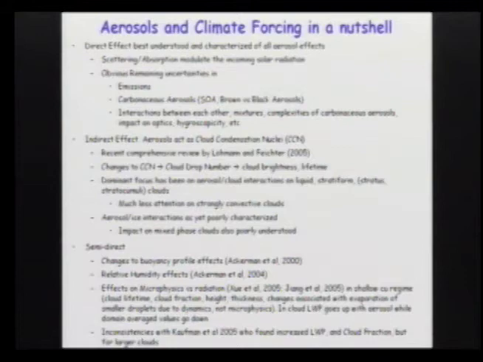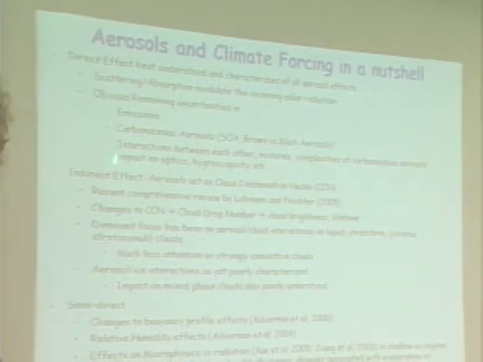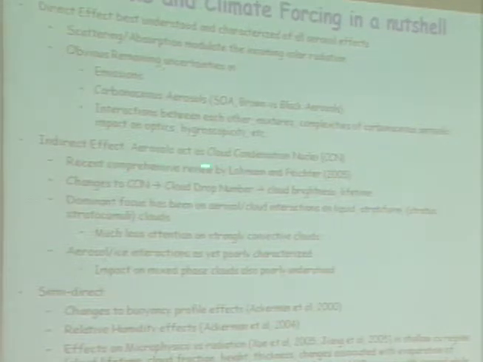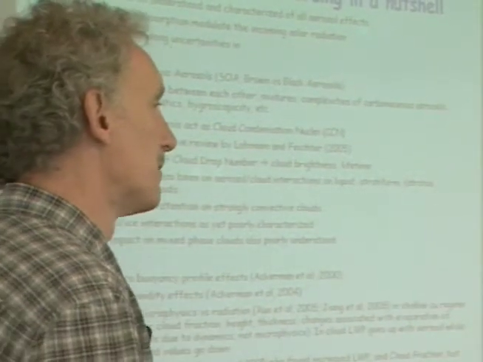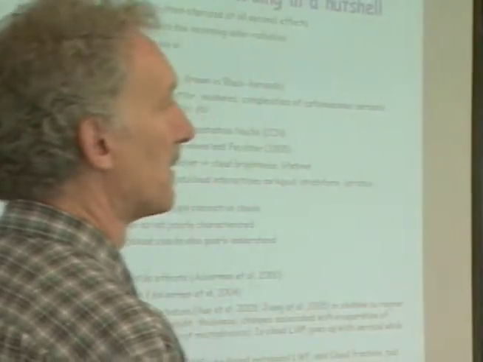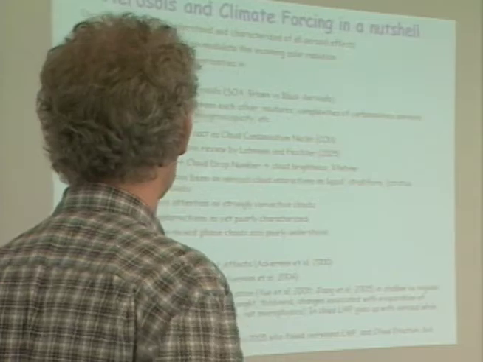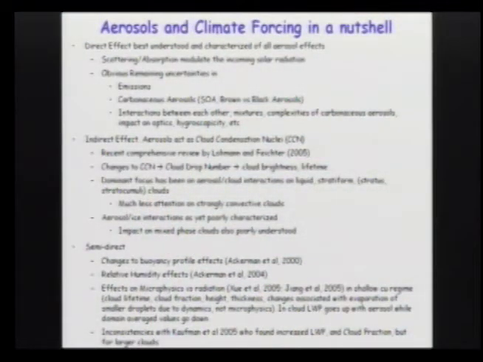And those are some of the places where there are a lot of uncertainties in the properties of aerosols with respect to the direct effect. The indirect effect, where aerosols act as cloud condensation nuclei and essentially modulate the effect of clouds, both their optical properties and their properties with respect to the hydrologic cycle, has been recognized as potentially a very important effect.